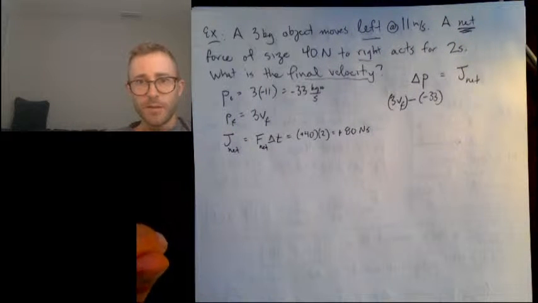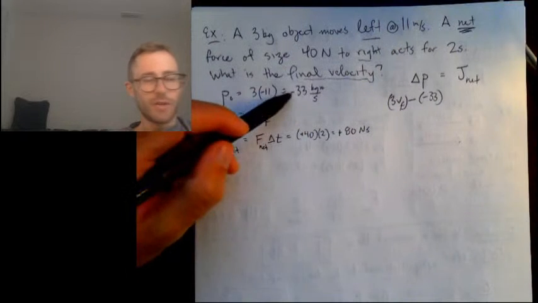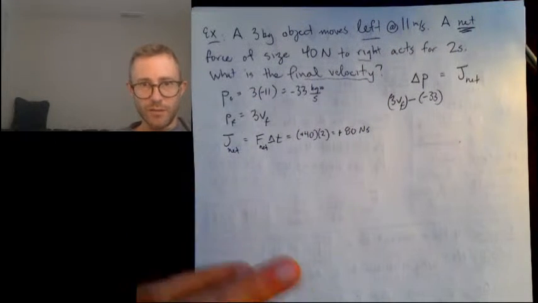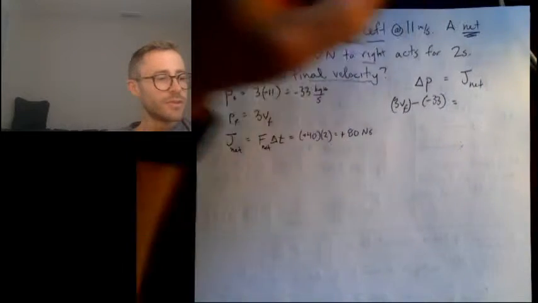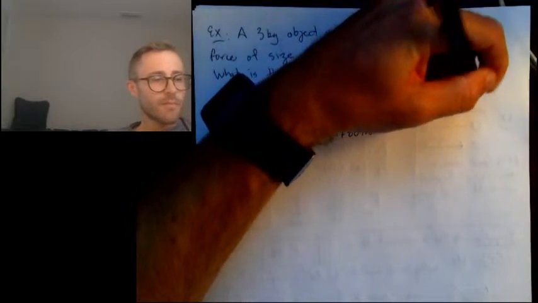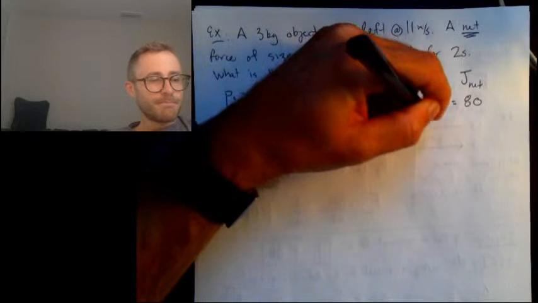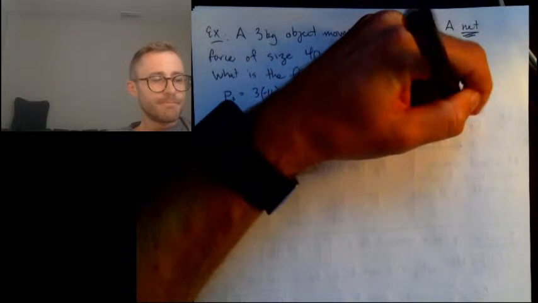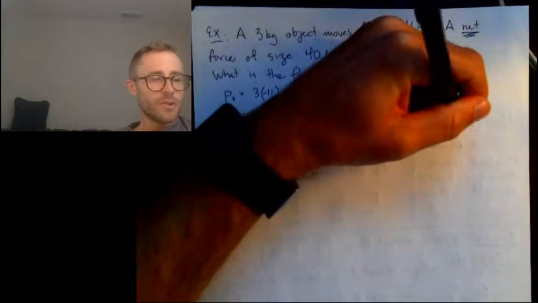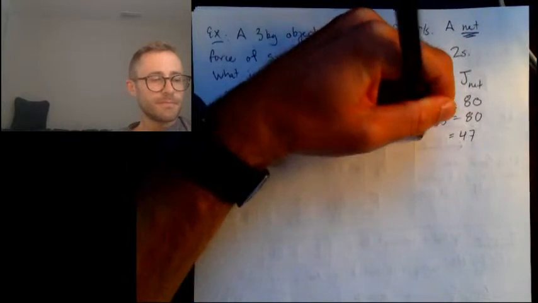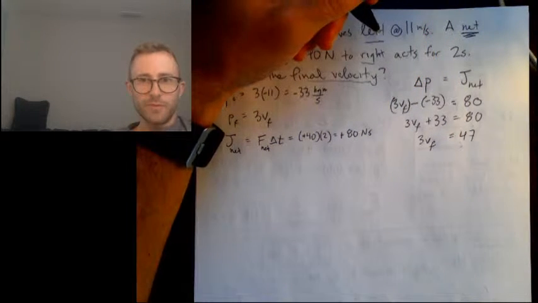Delta means final minus initial, and then we have an extra negative from that. So we have two negatives. Make sure you understand why. That equals 80. Two negatives makes a positive. Subtract 33 from both sides, we get 47. Divide both sides by 3, we get 15.6.